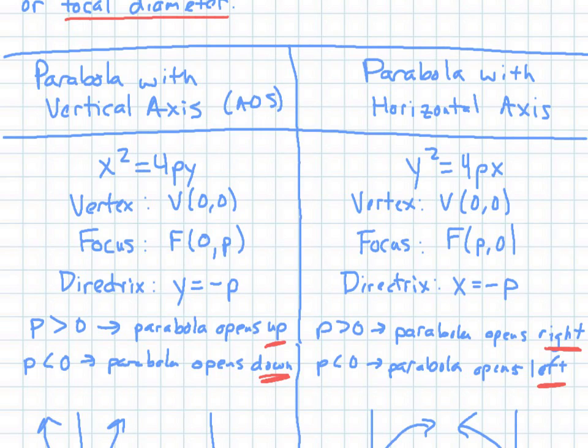But here we put it in these forms because it matches the stuff that we're talking about with conic sections a little bit better. So the x squared will be the one that's by itself, and then you'll set it equal to 4p times the other variable, which is y, and then vice versa for the other one.